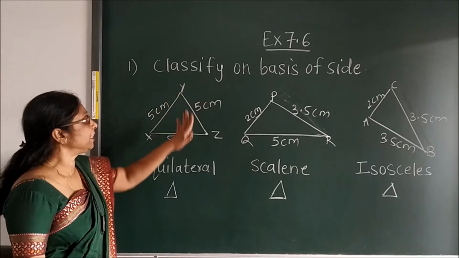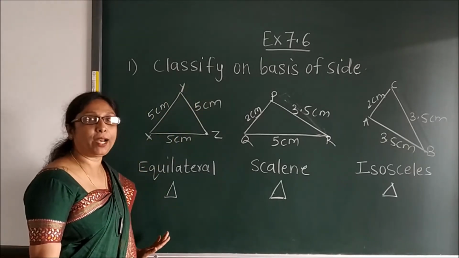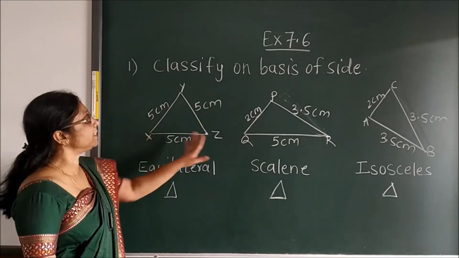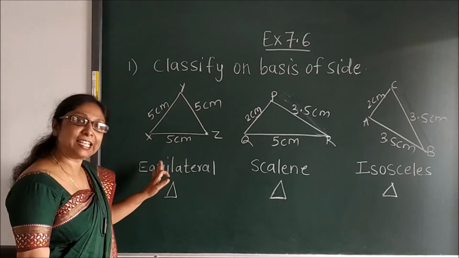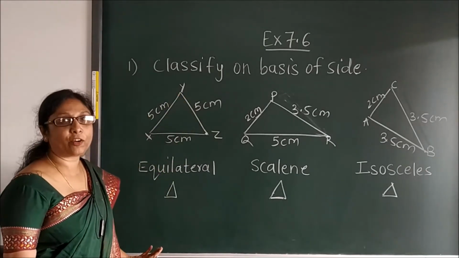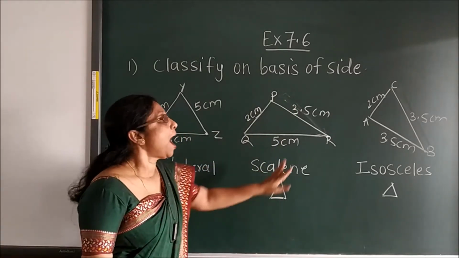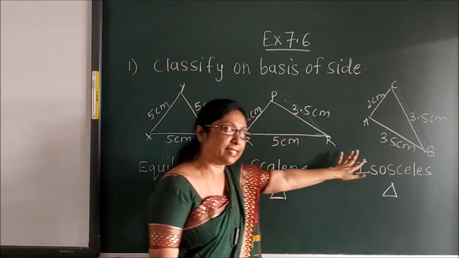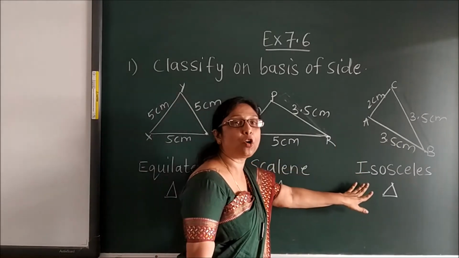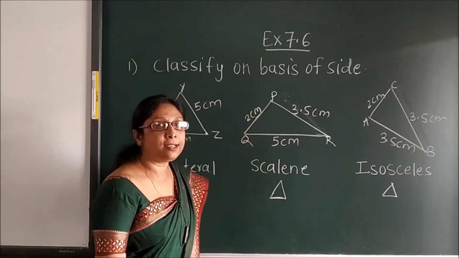And when all the 3 sides are the same, 5 centimeter, 5 centimeter, 5 centimeter, we call it an equilateral triangle. So in the first case, all the sides are the same, so it is an equilateral triangle. Then all the sides are different, it is a scalene triangle. And here you can see 2 sides are the same. When 2 sides are the same, we call it an isosceles triangle.